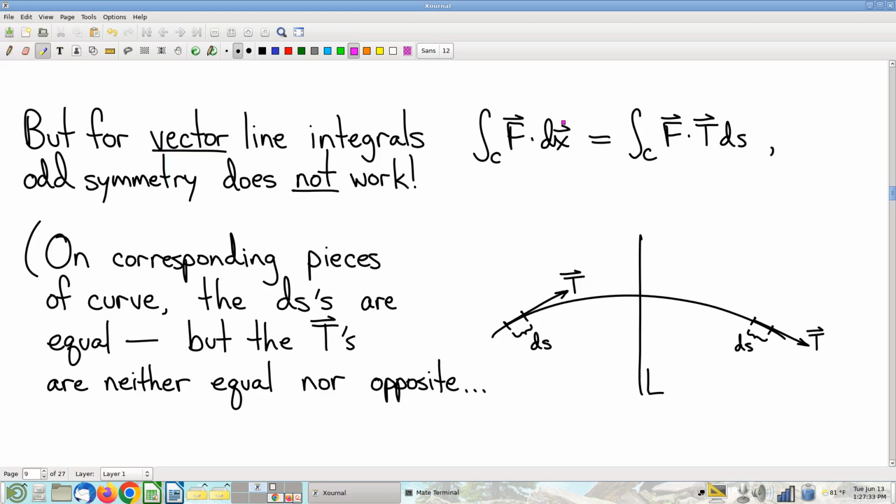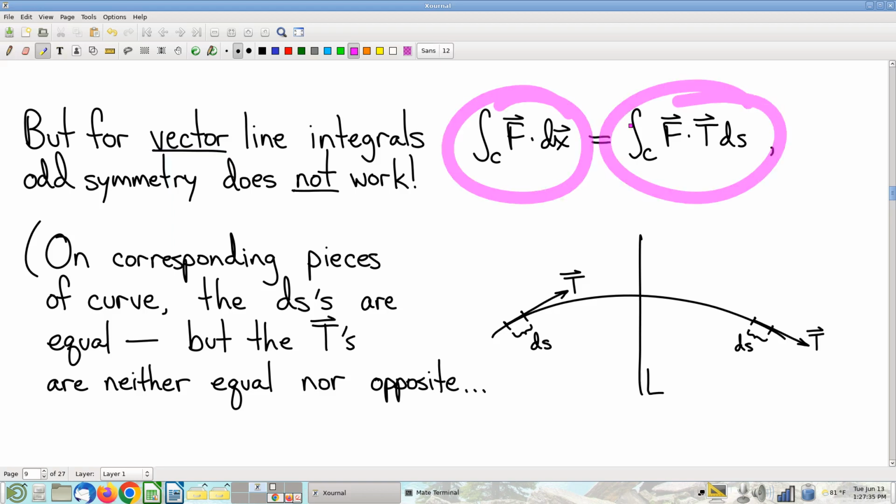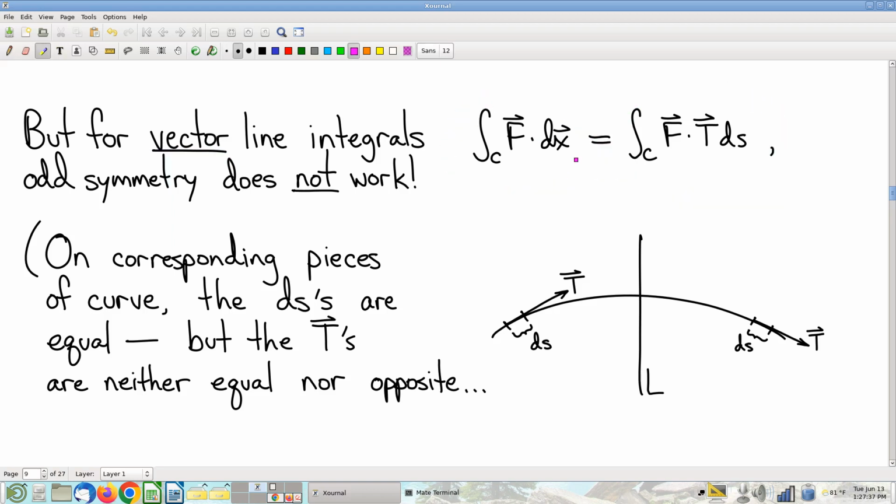If you look at this scenario, you can see, for example, that along this little piece of curve compared to along that little piece of curve, take a look at these t vectors. The unit tangent vector there is like that. The unit tangent vector here is like that. They're not the same. They're not opposites.